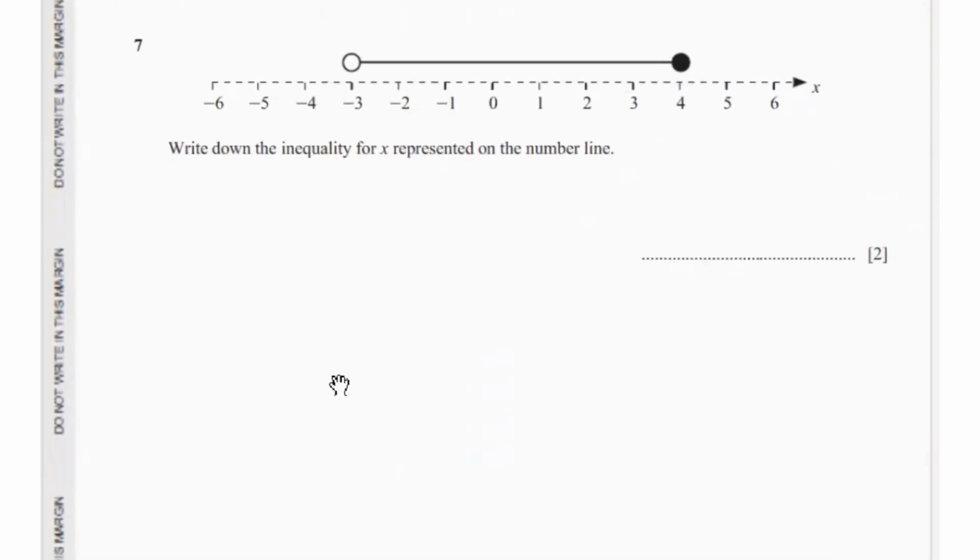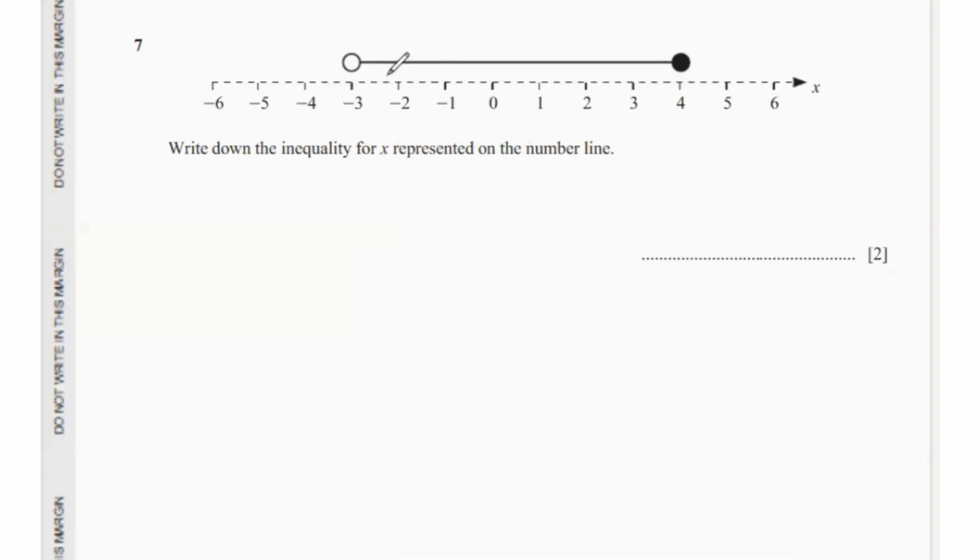Question 7 says, write down the inequality for x represented on the number line. So firstly, for this, you need to remember that whenever the circle is shaded, that means the value at that point is included in the inequality. And when the circle is unshaded, that value is not included in the inequality.